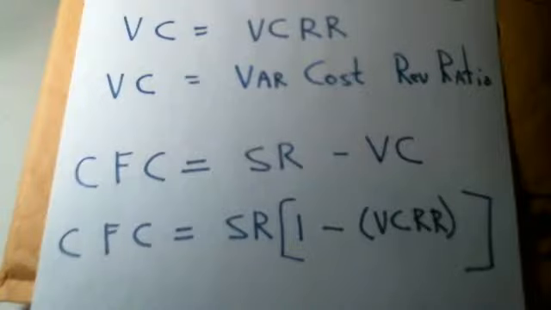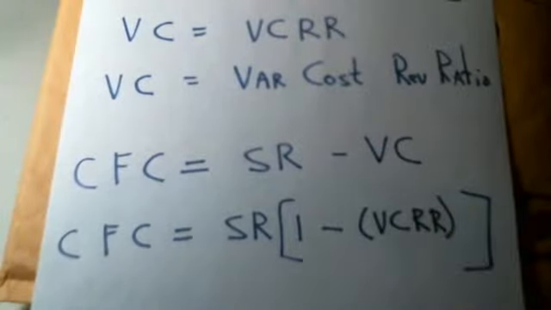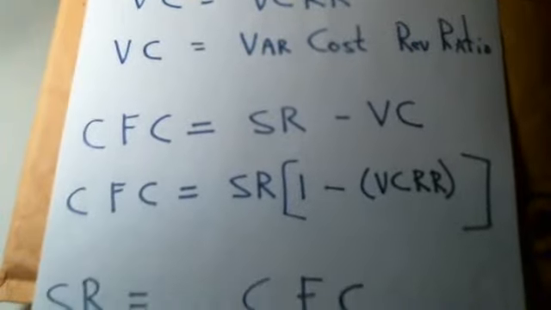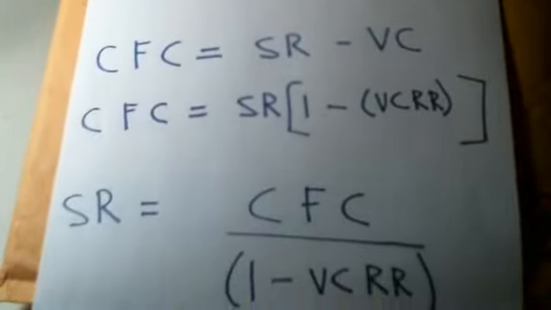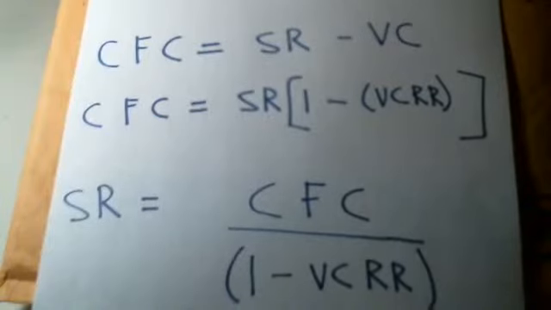We're just simply plugging that in for the VC. And again, we can reorganize that equation to represent it this way: SR equals CFC in the numerator over 1 minus the VCRR. So 1 minus some ratio, that's going to give us 40%, 50%, 60%, somewhere along those lines.